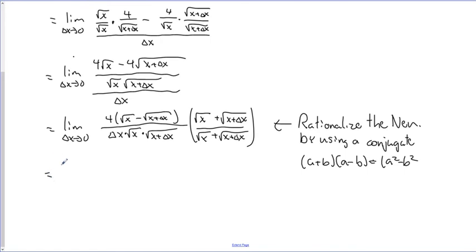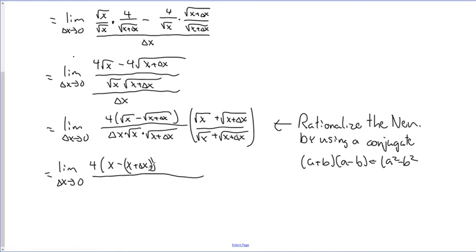And so that's going to leave me with the limit as delta x goes to 0 of 4 times, now square root of x times square root of x is just x, and then it will be minus square root of x plus delta x times square root of x plus delta x, which is just going to be x plus delta x, and that's going to be in parentheses there.